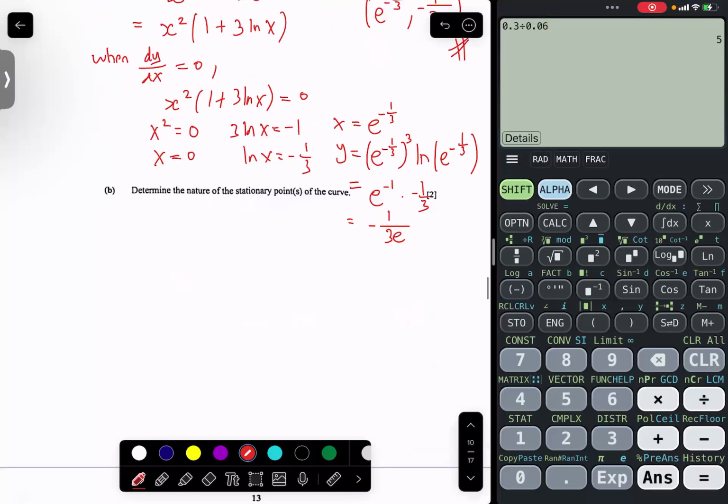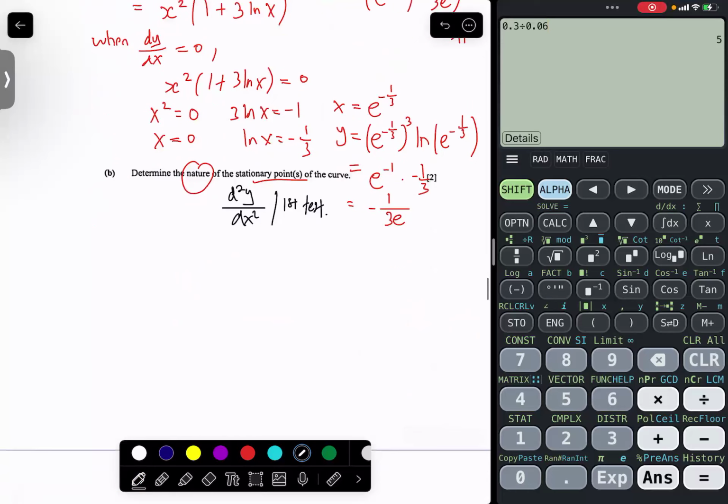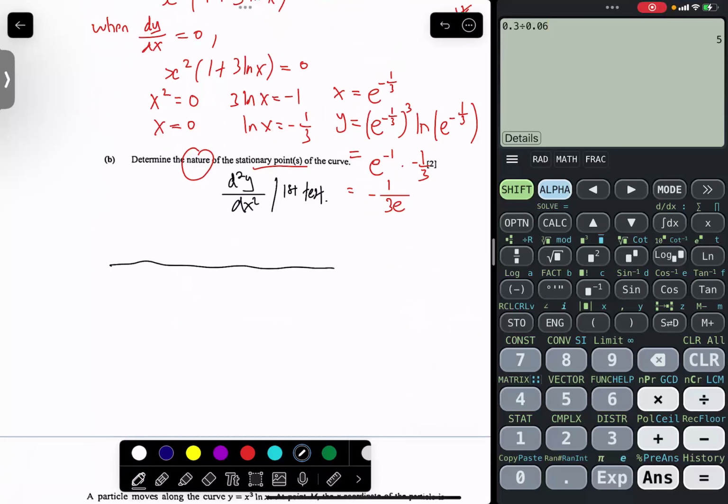Determine the nature of the stationary point. When determining the nature of a stationary point, we can do either d2y/dx squared and substitute in, or we can do the first derivative test. In this case, I'm going to do the first derivative test.